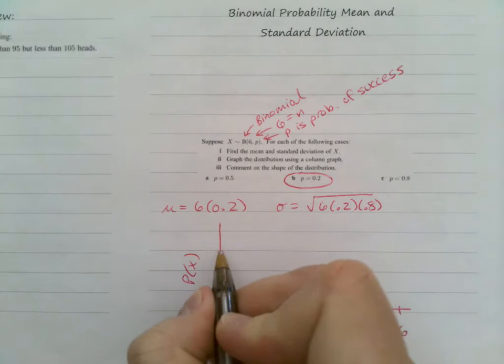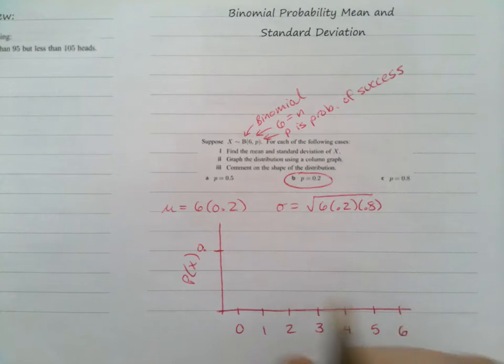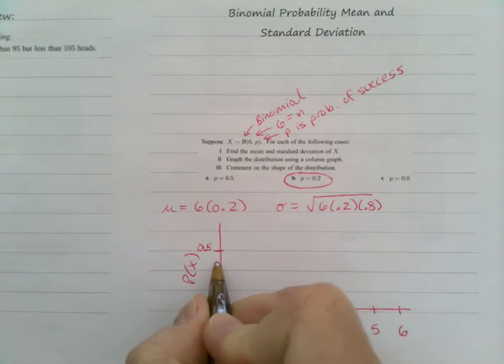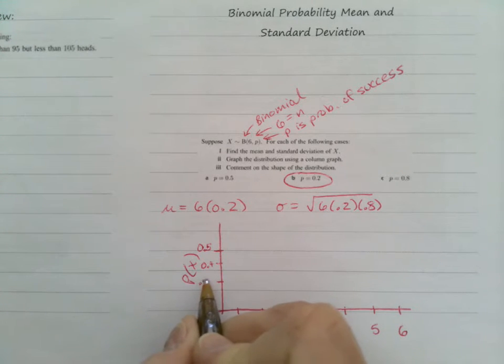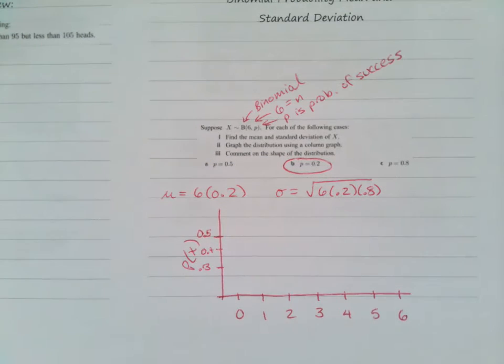So I'm going to go ahead and put what I come up with. I think I'll do 0.5, 0.4, 0.3. Oh, clearly I did not space this out well. Let's try it again.